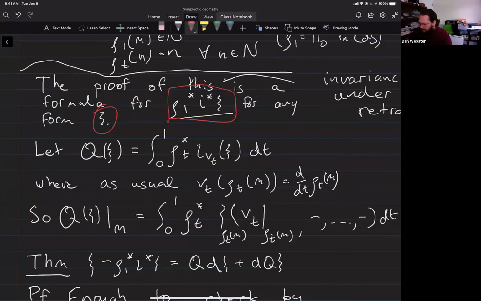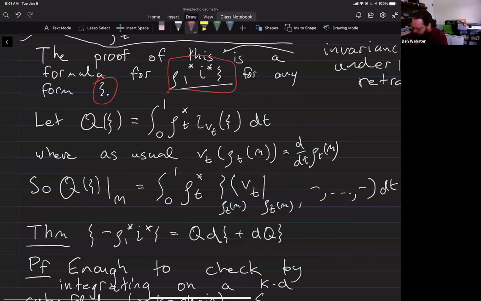So C and C prime will go to the same place under doing i star first and then rho 1 star, if they agree on N but are different somewhere else. So what I have to prove is, yes, those are different, but they give the same cohomology class. So I have to show that the difference is going to be exact if my original form was closed.